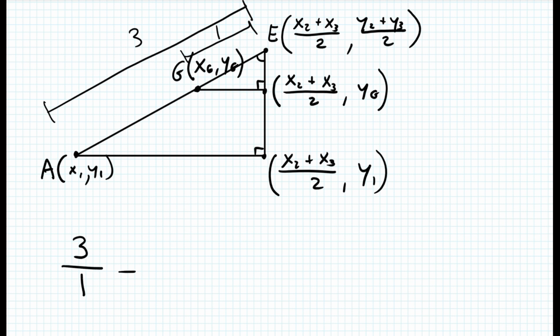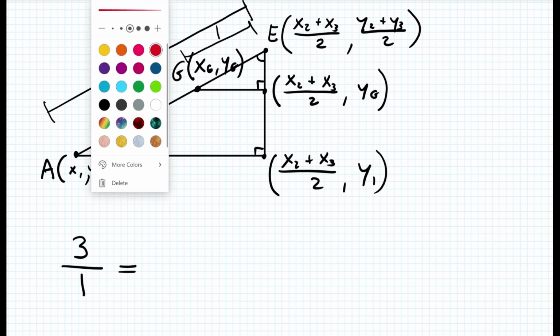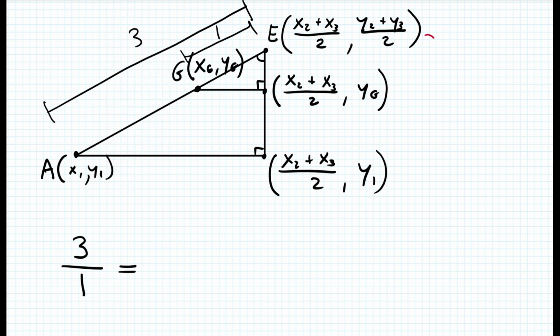So it's 3 to 1 is equal to, and now we want to take the difference between these 2 points over here, okay? So they have the same x value, but the y value is different. So we have y2 plus y3 over 2 minus y1, okay?